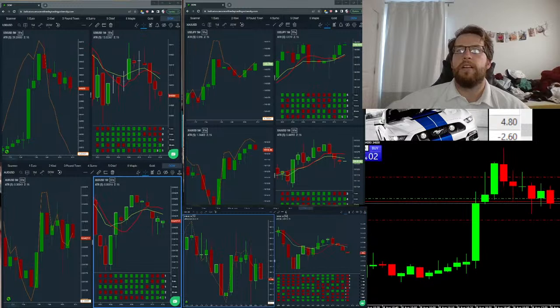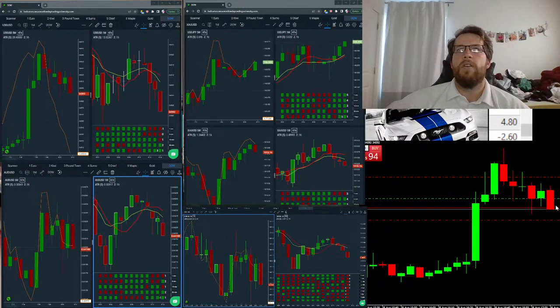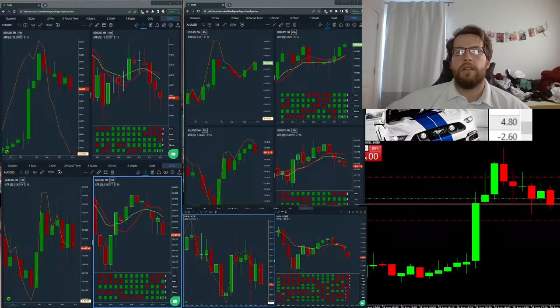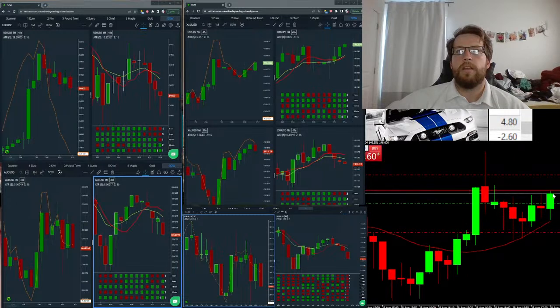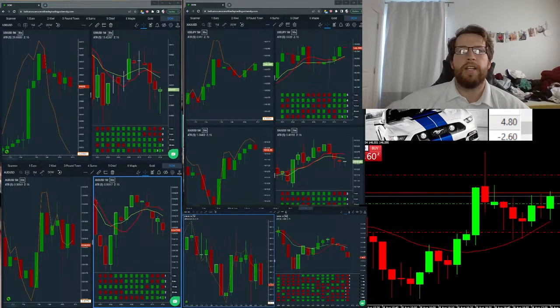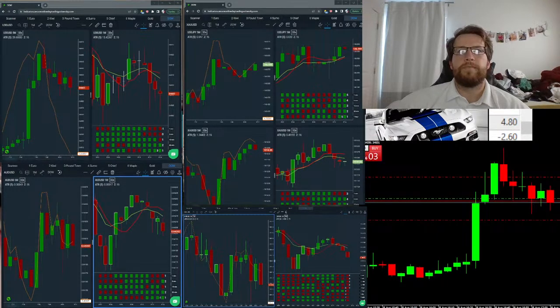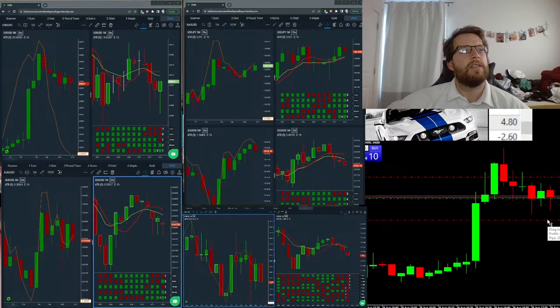Five-minute here. Okay, this is our Dow that we sold. It's about halfway there. Yen is looking like it wants to go in our direction. Okay, Dow looks like it's tracing back up.